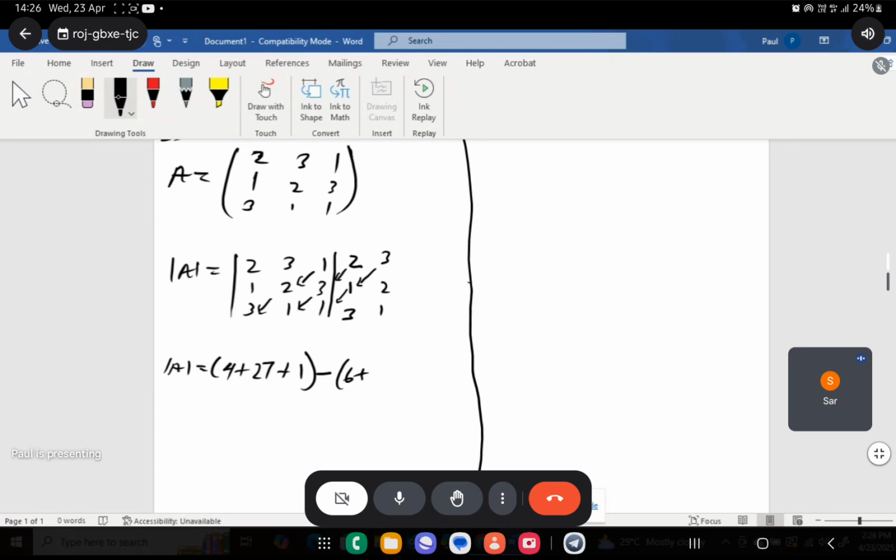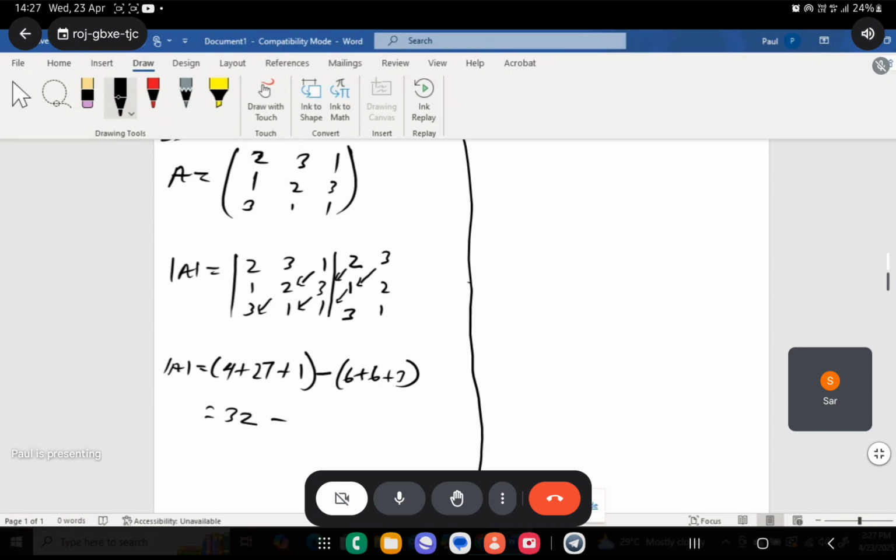Any which way, since we are going to add, it is commutative. So 2 times 3 times 1 will give you 6. Then 3 times 1 times 1 will give you 3. So when we add these, 28 plus 4 is 32, minus 6, 6, and 3. So 6 plus 6 is 12 plus 3, 15.